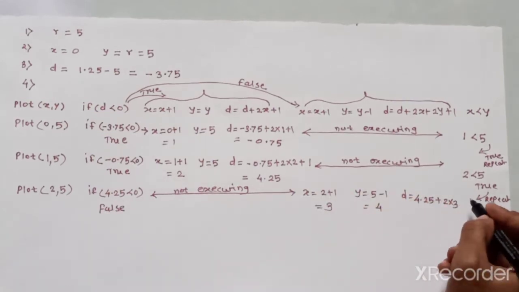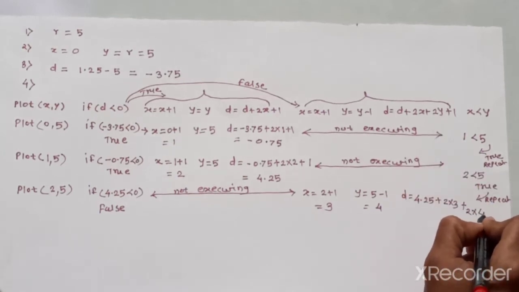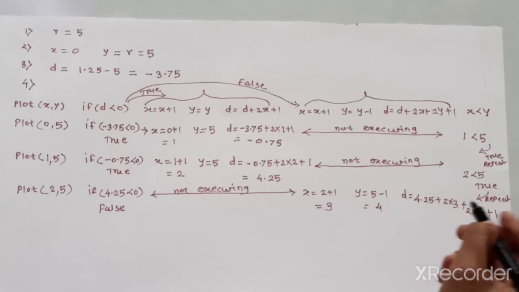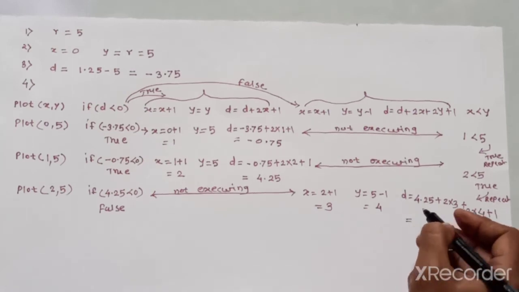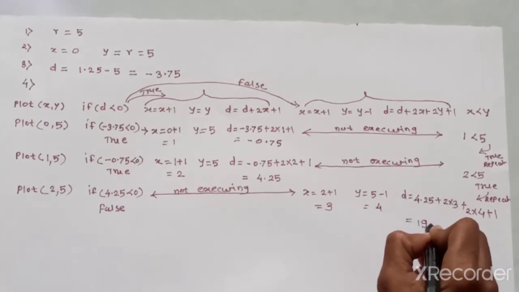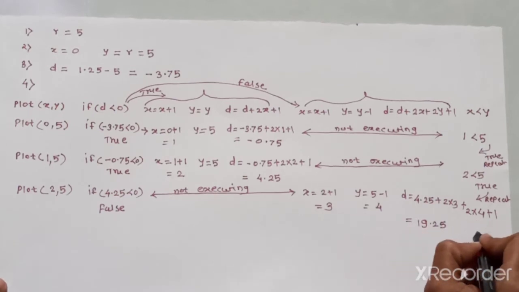So 2 into 3 plus 2 into y, so 2 into y value is 4, plus 1. We are getting answer total as 19.25. So we have to once again lastly check the condition of x and y.